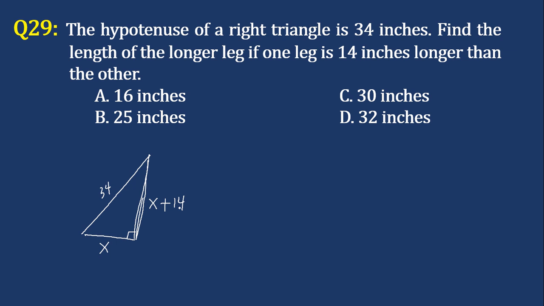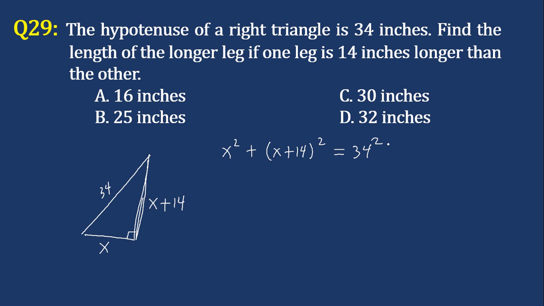By the Pythagorean theorem, we have the equation x squared plus x plus 14 squared, and then that's equal to 34 squared. So we're going to expand.